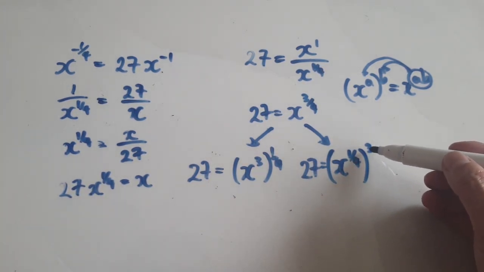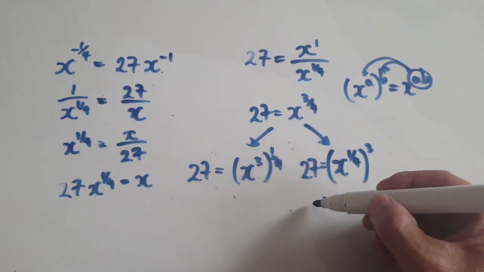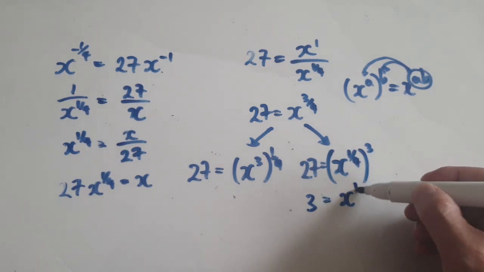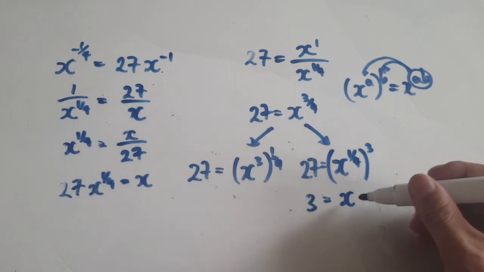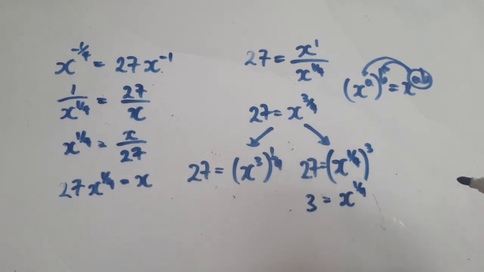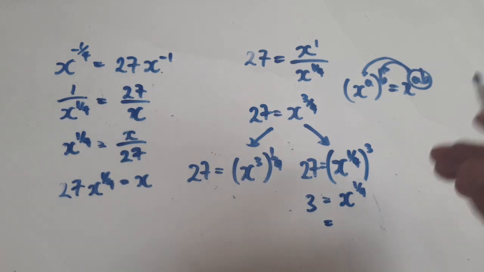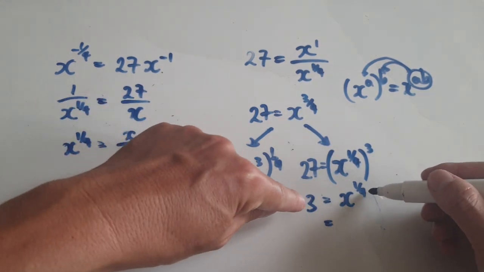Let's cube root both sides. So cube root of 27 is 3. Cube root of this will be x to the power of 1 over 4. And then now to get x on its own, power both sides by 4.